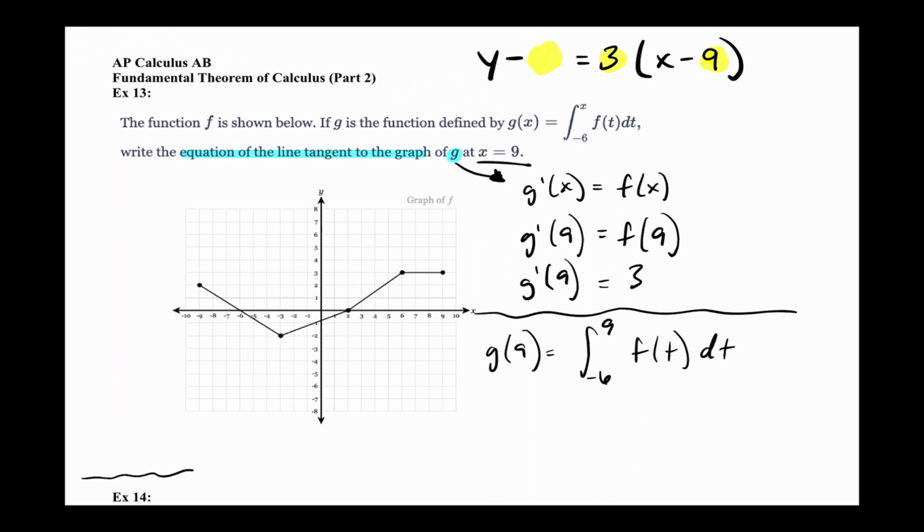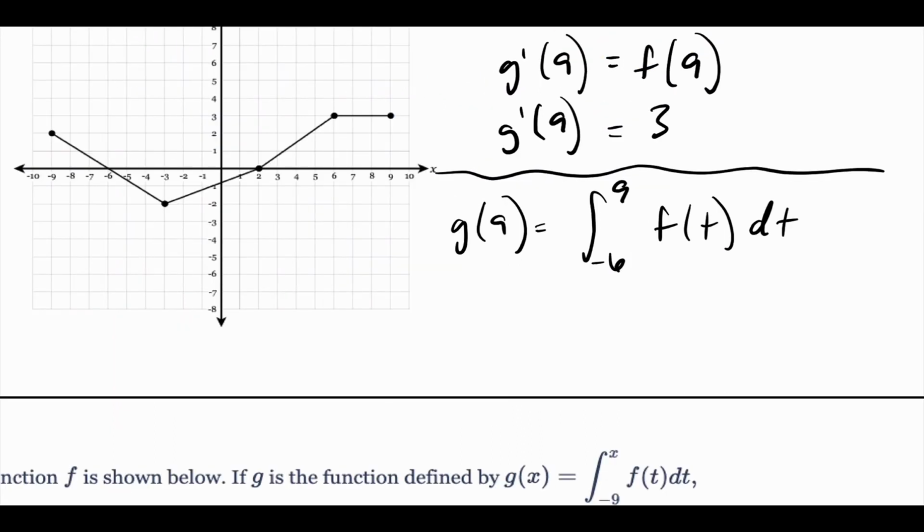Plug in 9. So now to find g of 9, which is the y-coordinate, we need to find the area under the curve from -6 to 9 of the graph. -6 is right here, and 9 is right here.